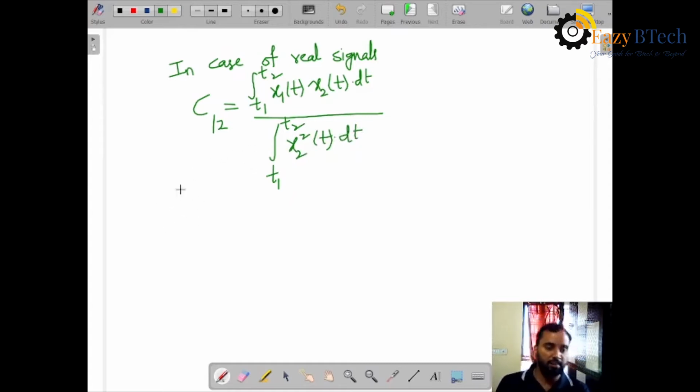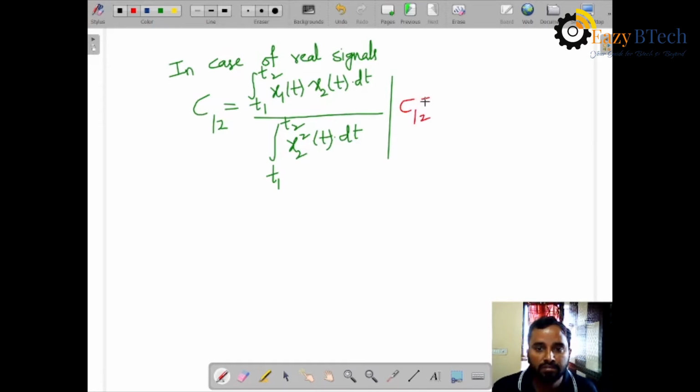Now in case of complex signals, the difference is very small, almost the same.